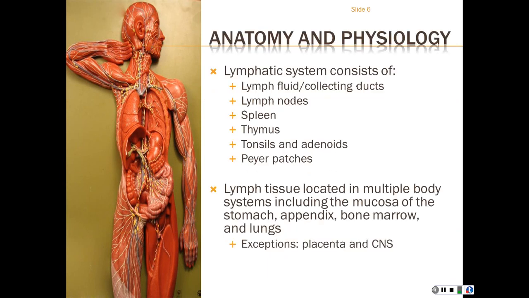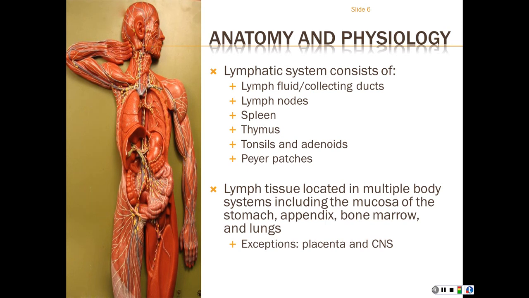So realize that the lymphatics consist of lymph fluid, ducts, and lymph nodes. The spleen is a big contributor or organ to the lymphatic system. The thymus is very important, especially up to puberty, and that is retrosternal.